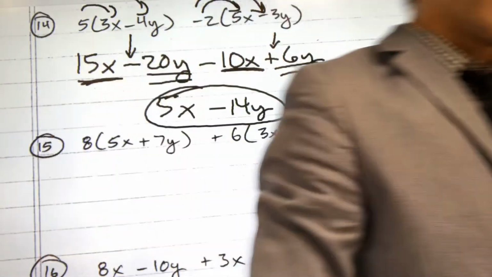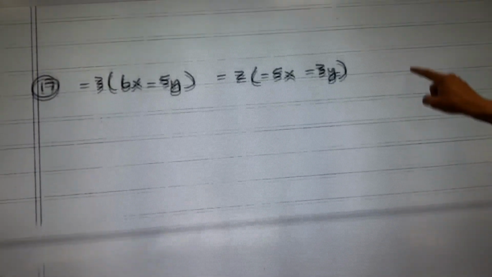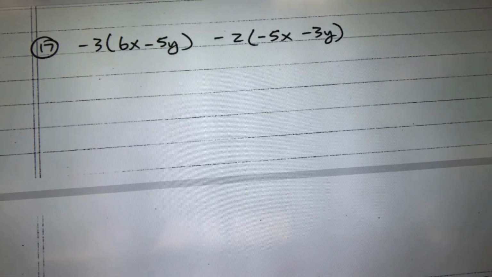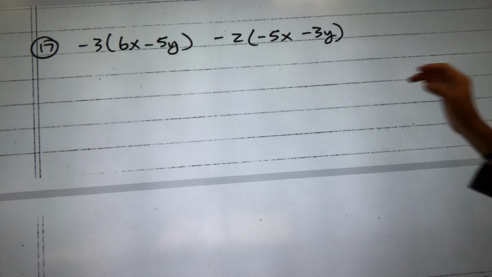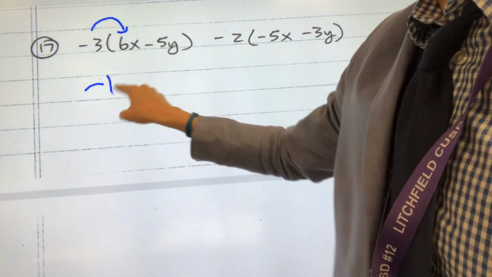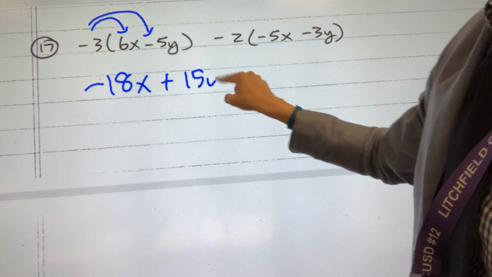And the last question for us here, about my longest video in a while. Number 17. It's in the hashtag game time section, folks. So you can get a nice little start here. All right, on 17, you can see 17 there. Negative times positive is a negative 18x. Negative times a negative is 15y.